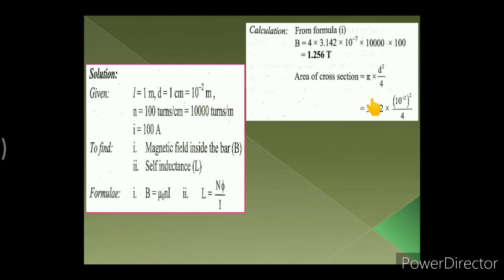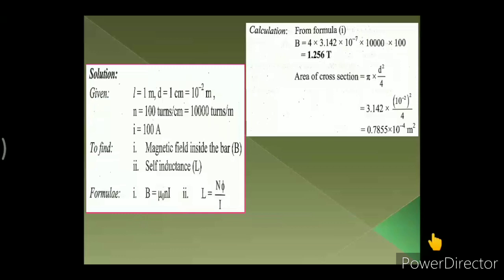So value of pi we are using 3.142 into d square. So value of d is 10 raised to minus 2. So we have to take 10 raised to minus 2 the whole square upon 4. After the substitution, we have to calculate, and we are getting the value of area of cross section as 0.7855 into 10 raised to minus 4 meter square.